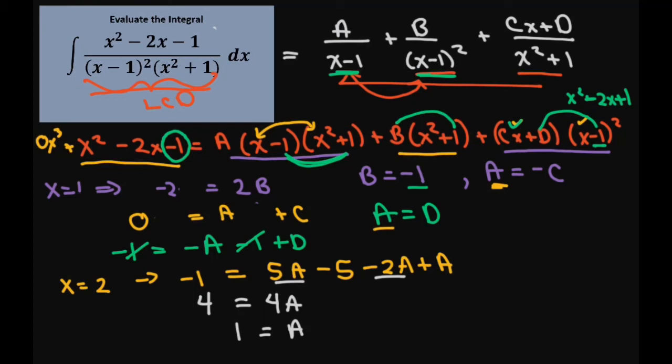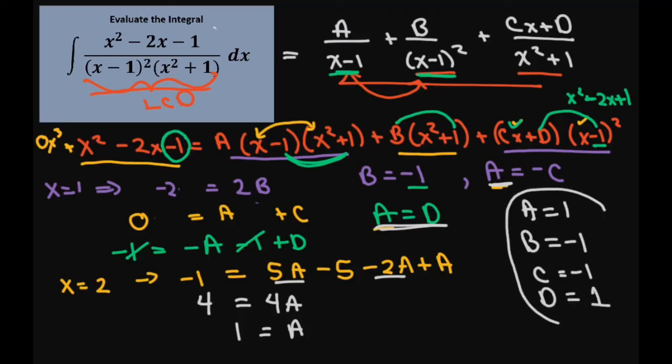And now if A equals 1, B equals negative 1. And if A is 1, then that means C is negative 1. And if A equals D, that means D equals 1 as well. So that's our constants there. So let's substitute those in, and we can do our integral.